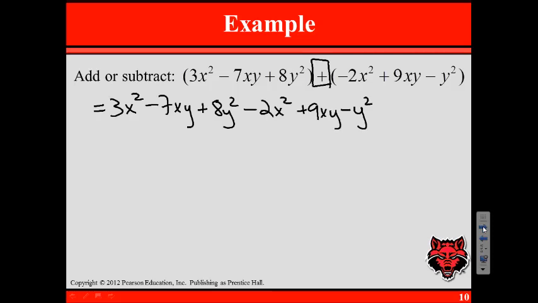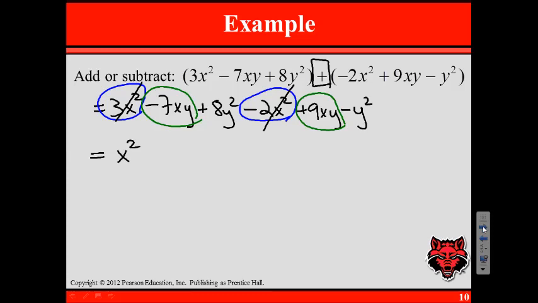Starting with the first term, we have a 3x squared, so we're looking for other x squareds. We'll find a minus 2x squared. 3x squared minus 2x squared will become 1x squared, or just x squared. Going to the next available term, we have minus 7xy. We find a positive 9xy as well. Those are like terms. When we combine the coefficients, that will become 2xy.